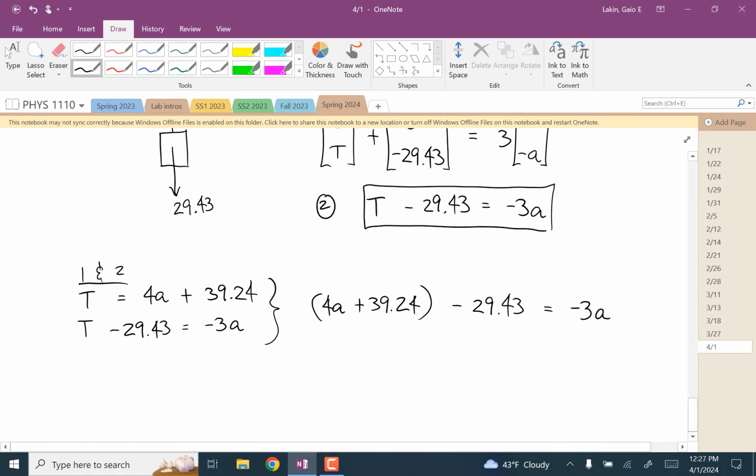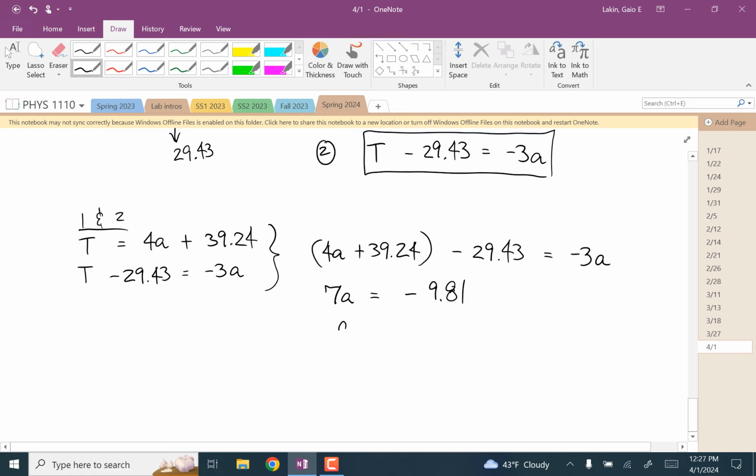And so you get 7A is equal to negative 9.81, and so A is equal to negative 1.40.